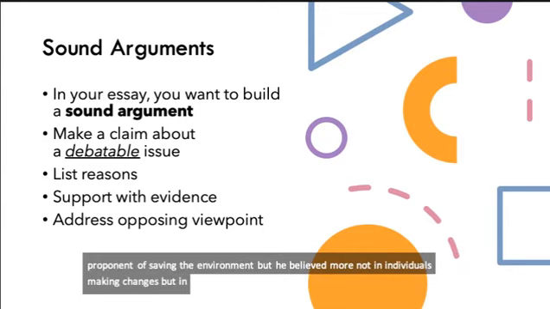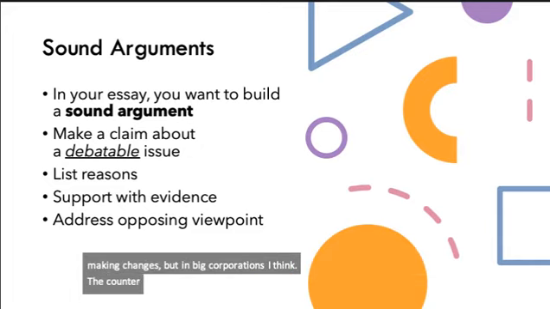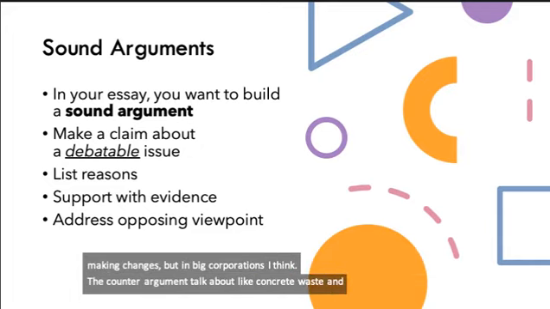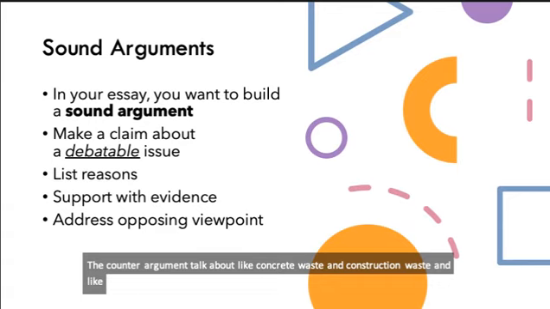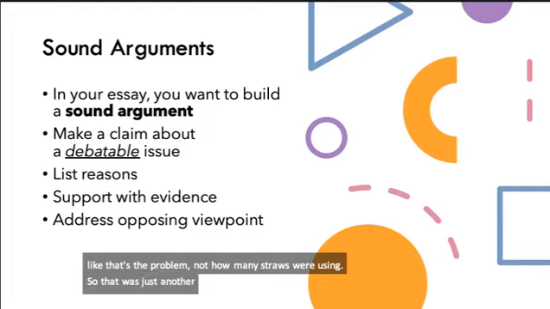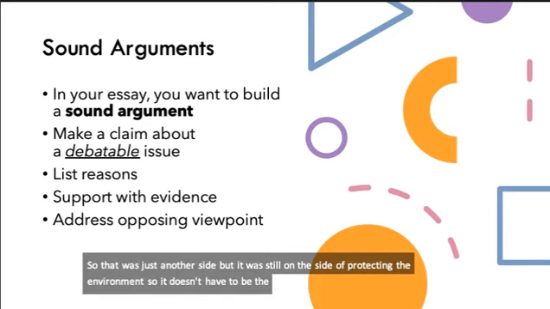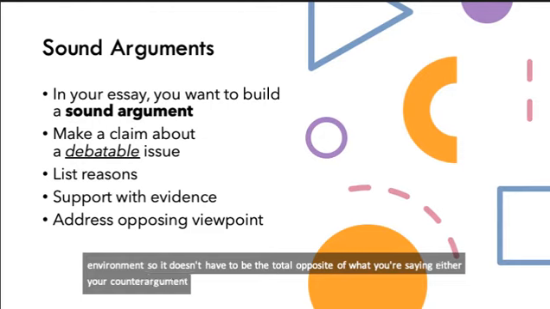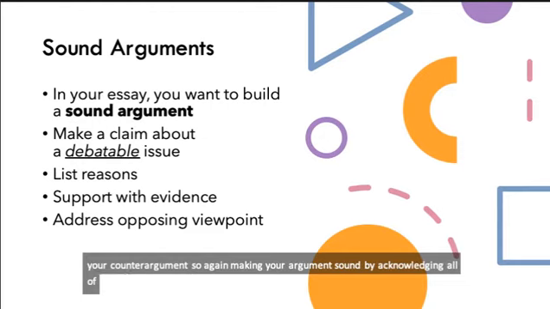I think the counter argument talked a lot about concrete waste and construction waste, and that's the problem, not how many straws we're using. So that was just another side, but it was still on the side of protecting the environment. So it doesn't have to be the total opposite of what you're saying, your counter argument. Making your argument sound by acknowledging all of those different things is very, very important.